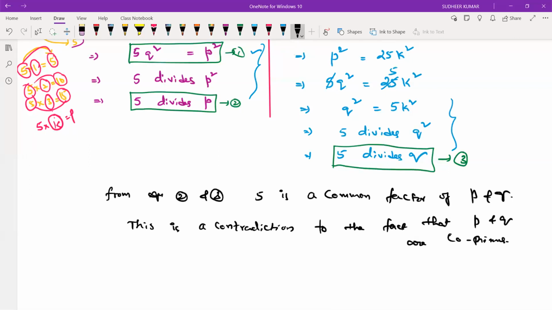Therefore, when there is a contradiction, we should accept the truth: root 5 is irrational. That's it, and it's proved.